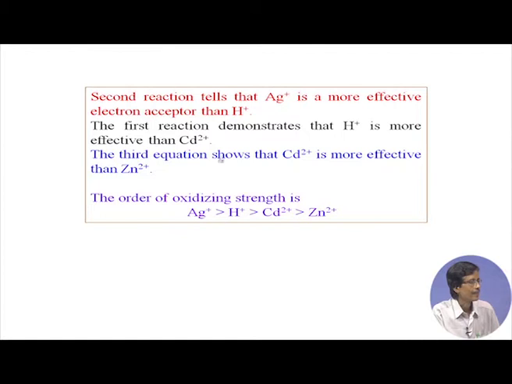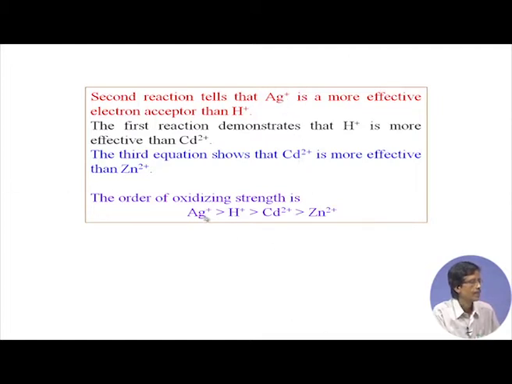Similarly, the second reaction tells us that Ag plus, the silver ion, is a more effective electron acceptor than H plus. If we go for a competitive situation, whether the silver ion will accept the electron or H plus will accept the electron, it is the silver ion which is more effective in terms of electron acceptance.